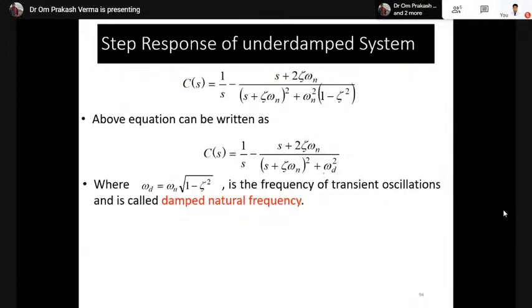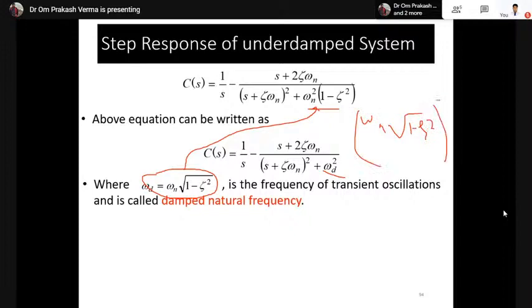Omega d is defined as omega n into root under 1 minus zeta square. You can square this, so this term becomes omega d square.